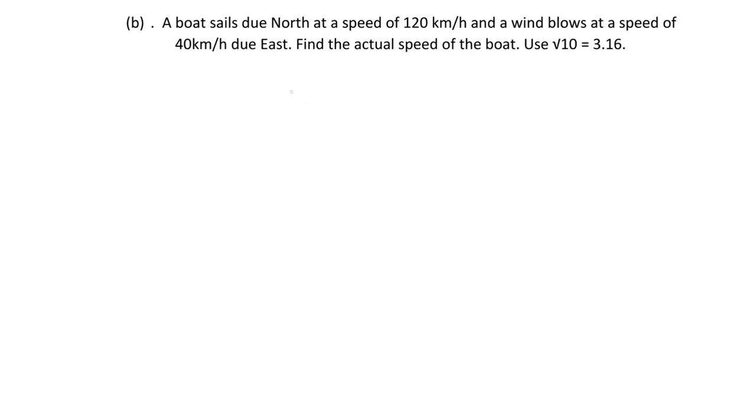We start with the boat direction due north, which equals 120 kilometers per hour, and then we draw another line for the wind direction, which equals 40 kilometers per hour, and then another line for the actual speed, which is going to be our resultant.